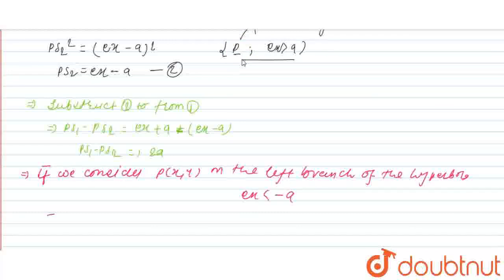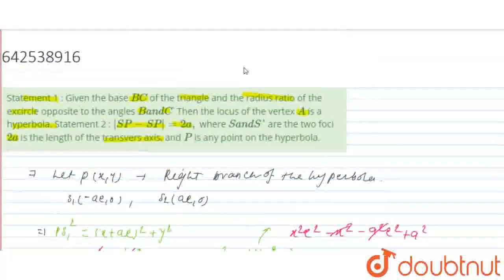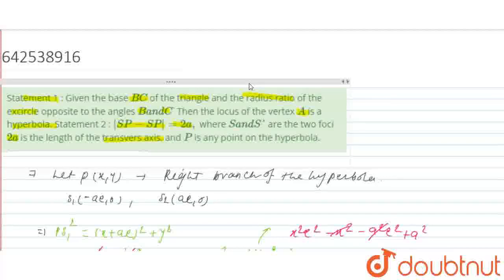Again, if we compute PS1 minus PS2, we again get 2a. So statement 2 will be correct, because statement 2 says that SP minus S'P equals 2a, where S and S' are the foci and 2a is the length of the transverse axis. So statement 1 is false and statement 2 is correct.